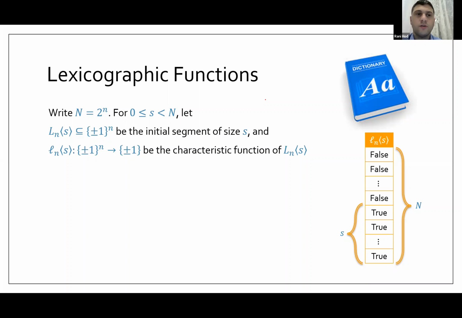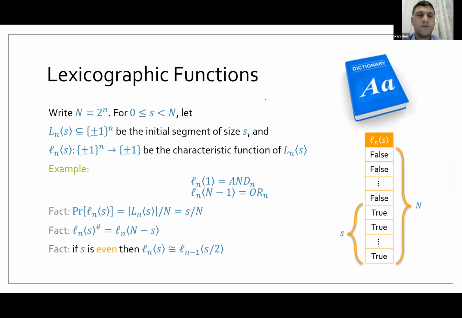This is my function. It depends obviously on the number of variables, small n, and also on the number of truths at the output, the size of the pre-image of true, which is S. For example, if I only want one true at the end, that would be the AND function. If I want capital N minus 1 true values, meaning only one false, that's the OR function.